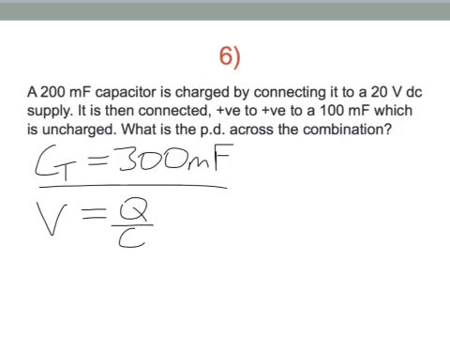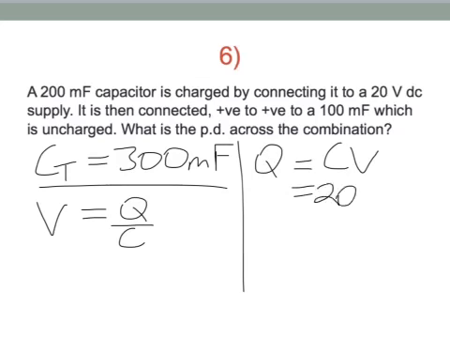Now we haven't got Q yet. So how do we find Q? Q will be the 200 millifarads multiplied by 20, of course. So we're just using CV. So that's quite simple. 200 times 10 to the negative 3 times 20. And what does that give us? Exactly 4 coulombs.